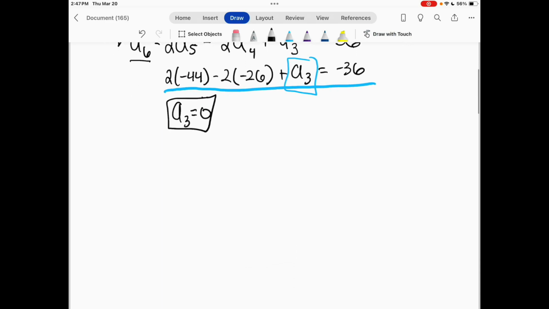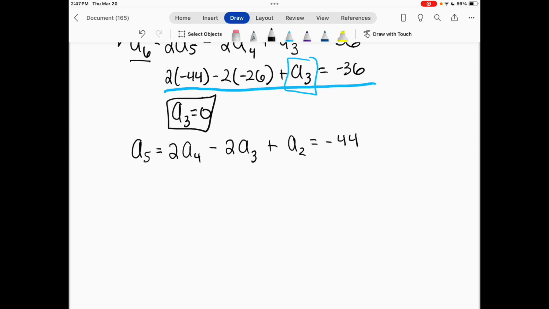Now we are going to repeat that process using n as 5. So I have a5, which we know is equal to negative 44. And since I know n is 5, we're going to have 2 times a4 minus 2 times a3 plus a2. And all this is equal to negative 44.